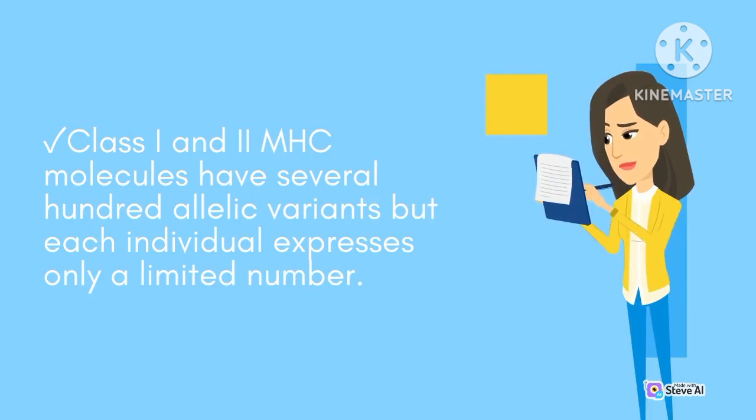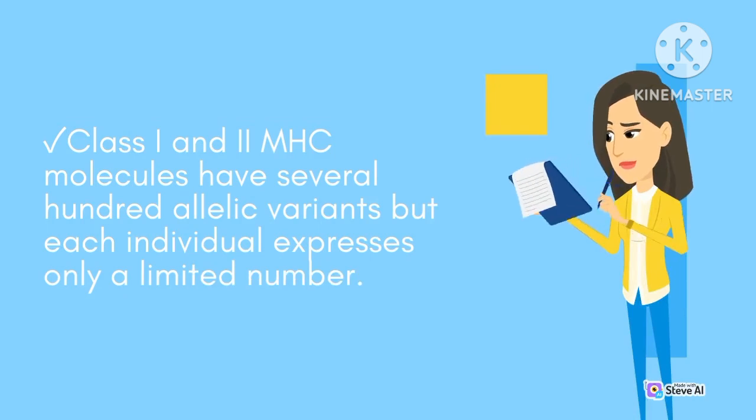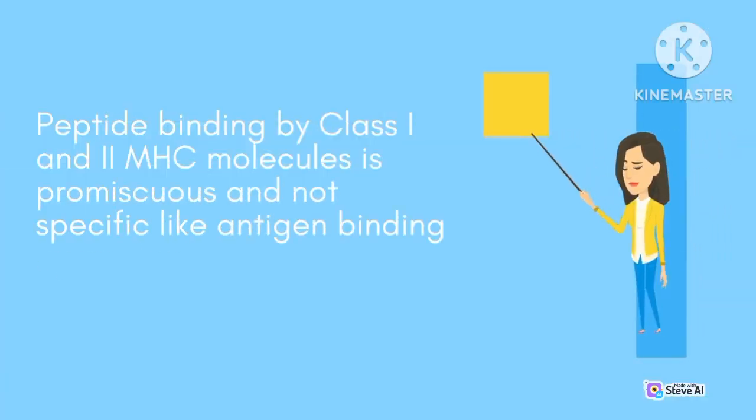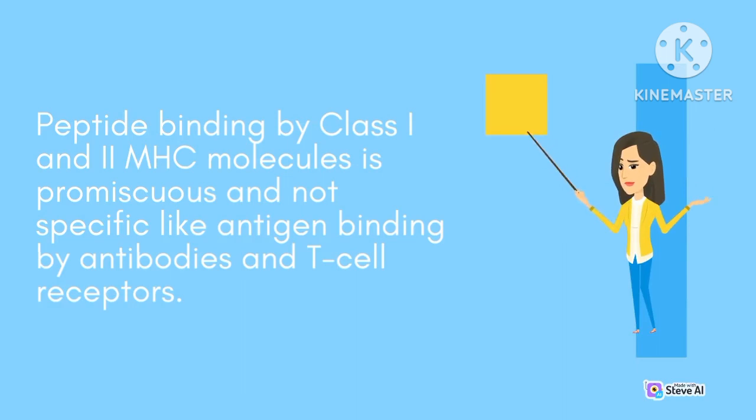Class I and II MHC molecules have several hundred allelic variants, but each individual expresses only a limited number. Peptide binding by class I and II MHC molecules is promiscuous and not specific like antigen binding by antibodies and T-cell receptors.